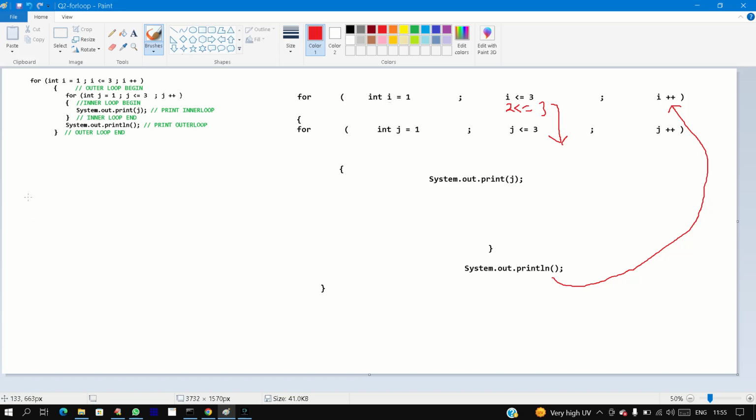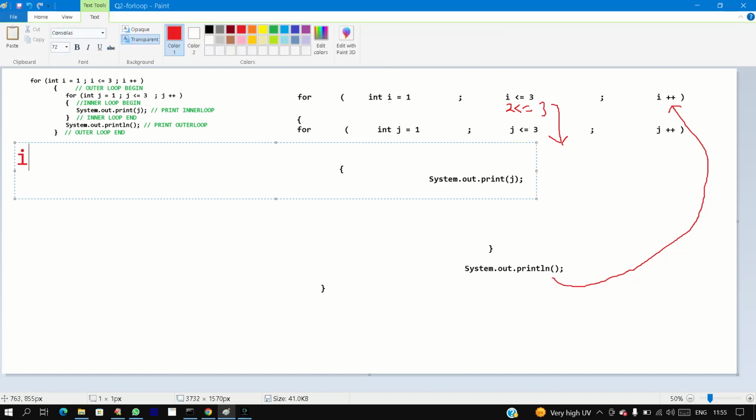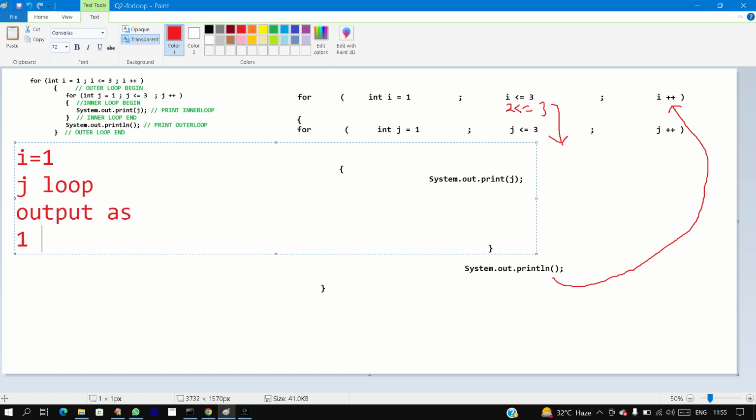Remember this thing: when i was 1 and the j loop was running, we got the output as 1, 2 and 3. Okay, this was the whole process of the first execution.